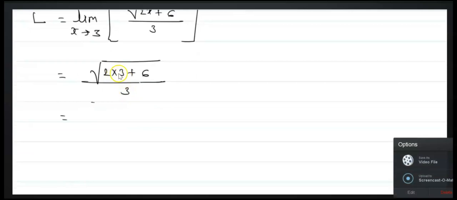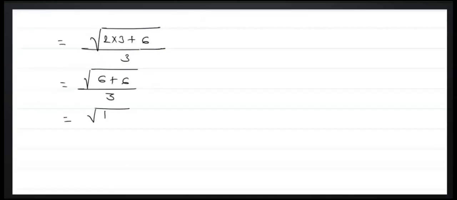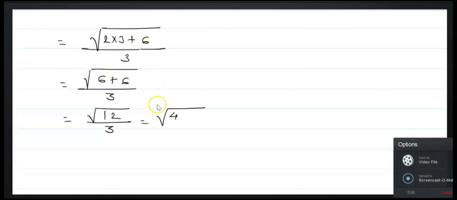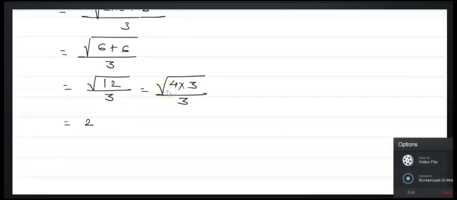Now see this here. That is root of 2 into 3 plus 6, that is 6 plus 6, 12. These are the steps. You can also write these steps like this: root of 4 into 3 upon 3, and the root of 4 is equal to 2.